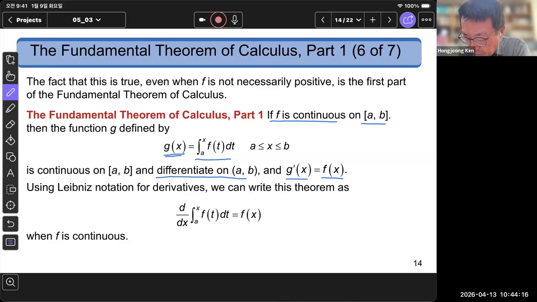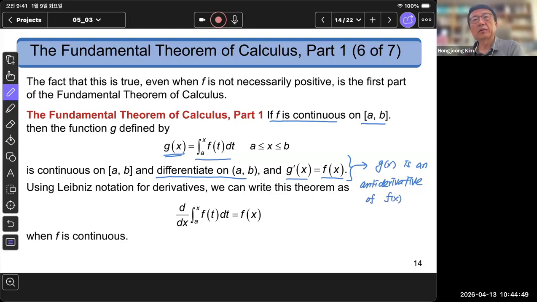That means this part shows that the function g defined by the integral of f(t) from a to x is an antiderivative of f. Okay, so the function defined by this is one of the antiderivatives of the given function.